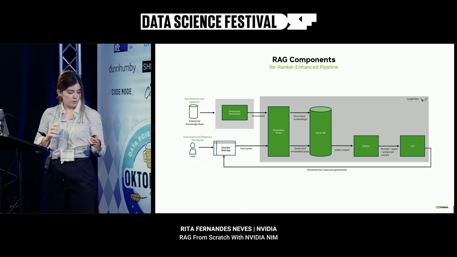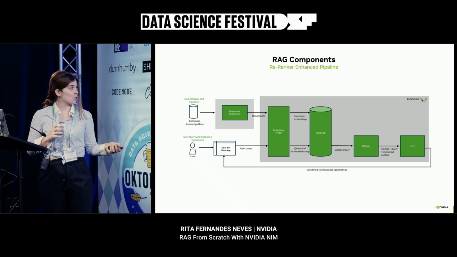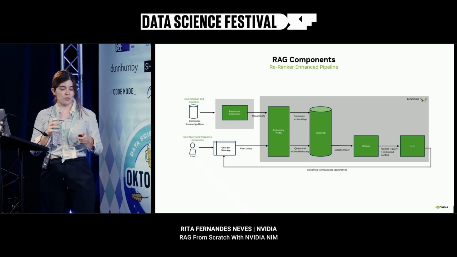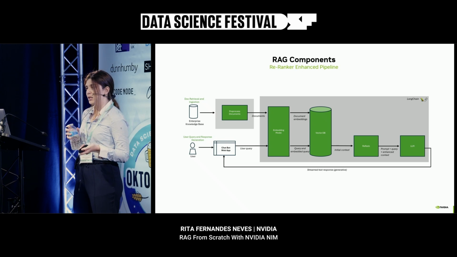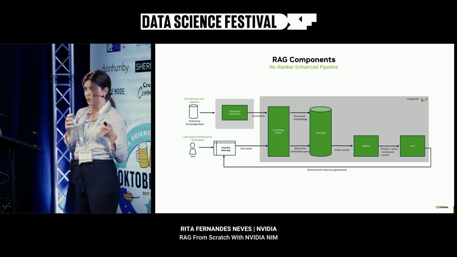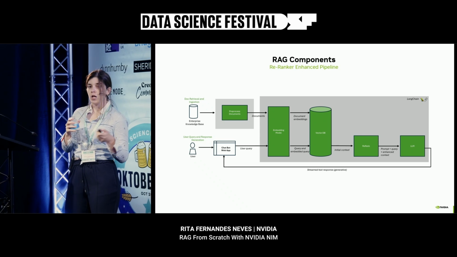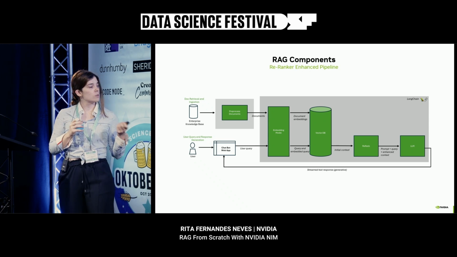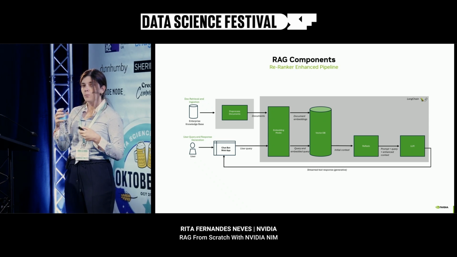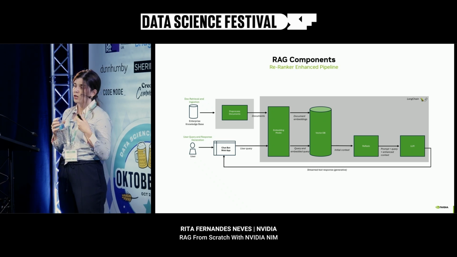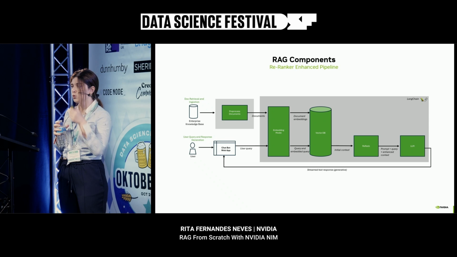And in particular, something close to my heart is that you can add a reranker after the vector database. And this basically means that if you don't think that doing some sort of cosine similarity between embeddings is good enough to get you the right context to the LLM, you can also use a reranker that will probably increase your precision in the chunks that you're then going to be feeding into the LLM.